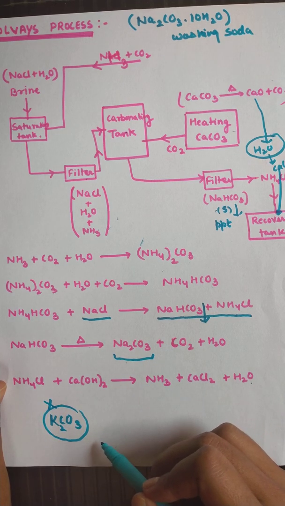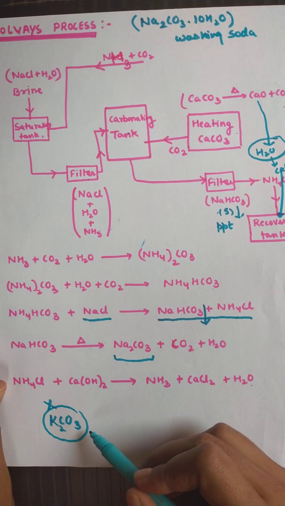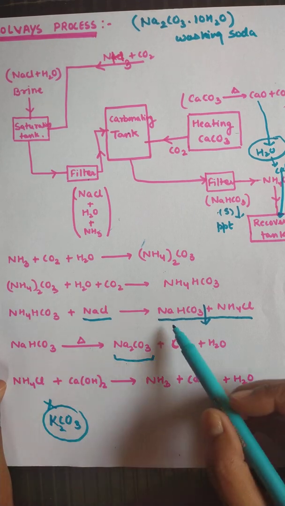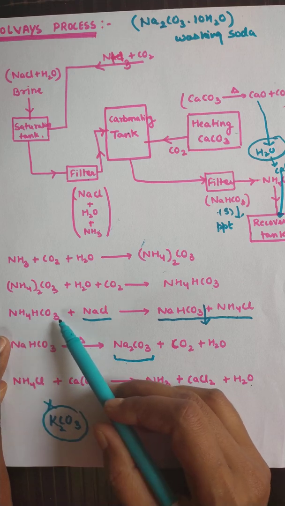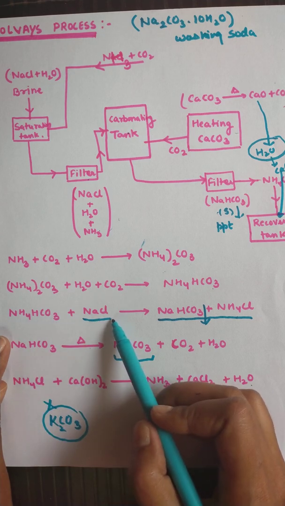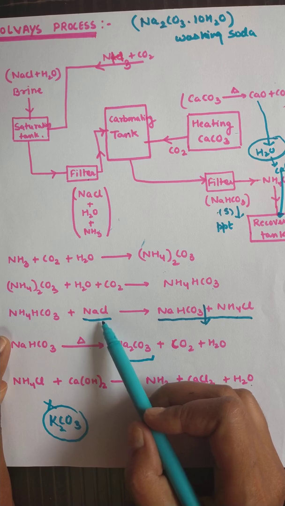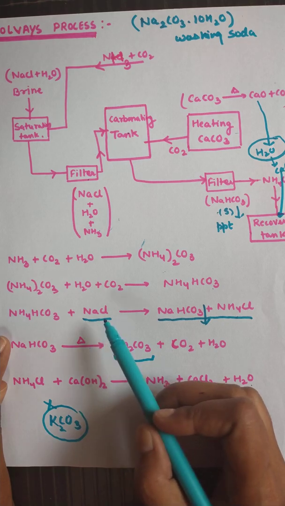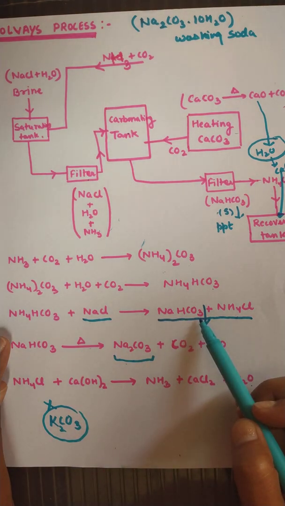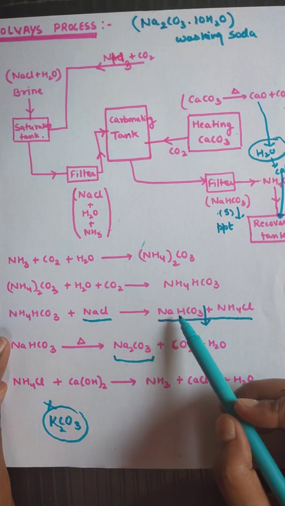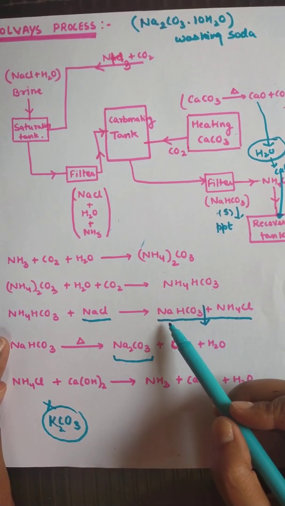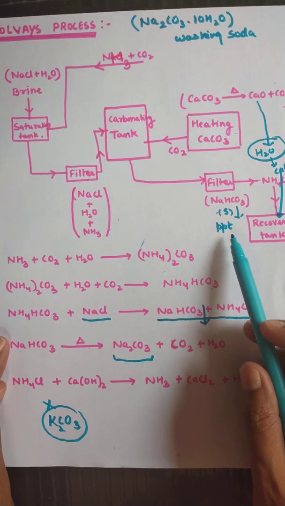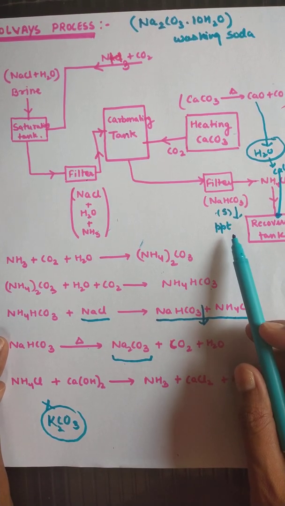This is because of the potassium hydrogen carbonate, which would be formed as a result of the reaction of ammonium hydrogen carbonate with potassium chloride. If we use the salt of potassium, then potassium chloride will be here, and then potassium carbonate would be formed. But sodium hydrogen carbonate is actually insoluble in water, meaning it settles or accumulates in the form of a precipitate.